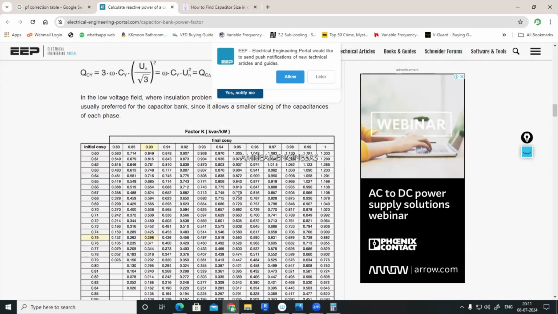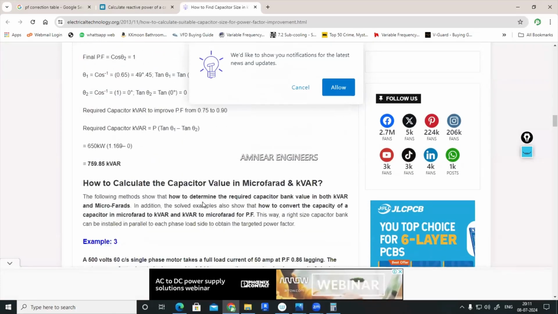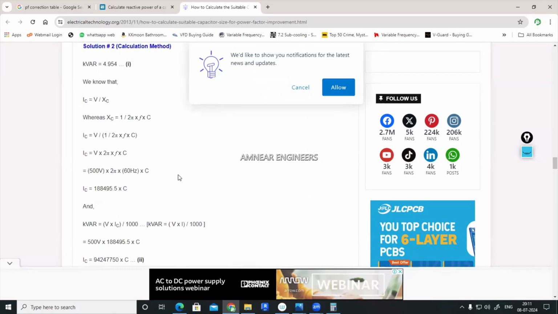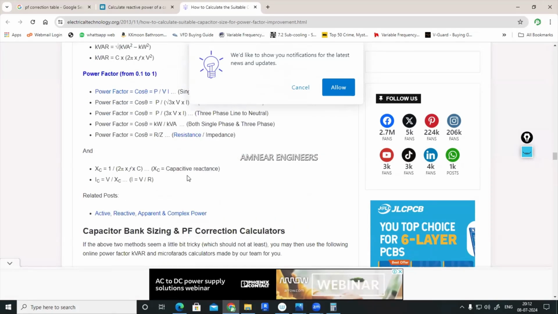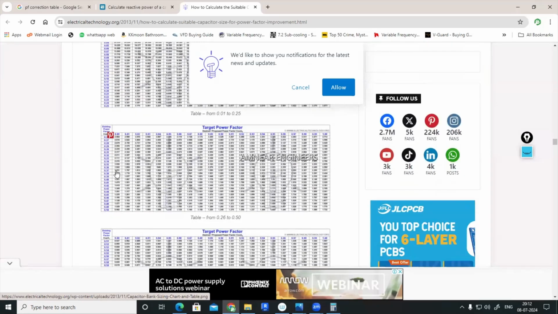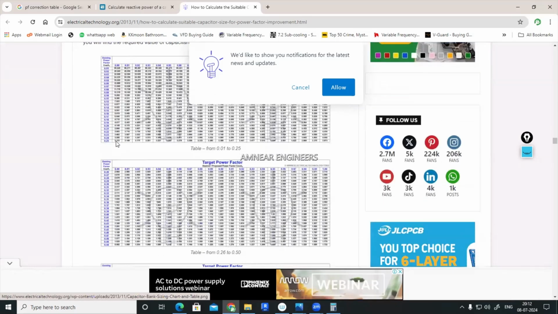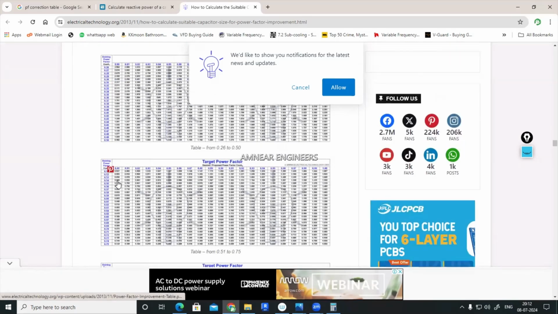Okay, but here is another table which is available on the internet. It is difficult to see, right? It is starting from 0.01, like that, 0.01 itself, 0.26.